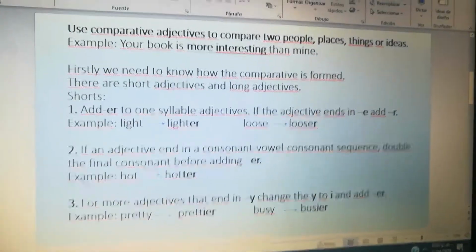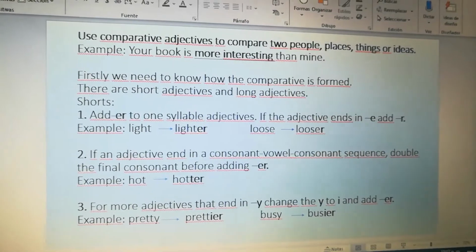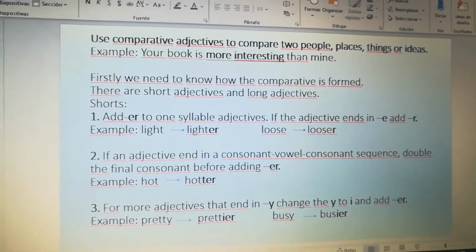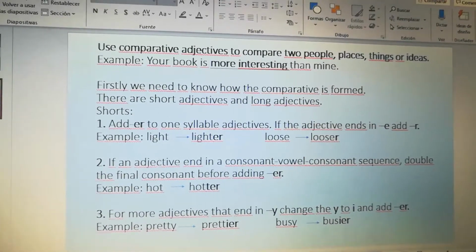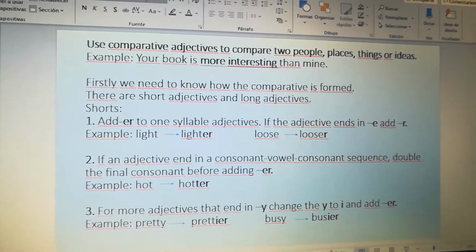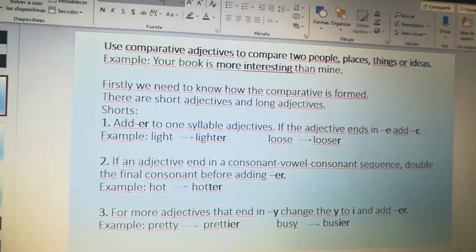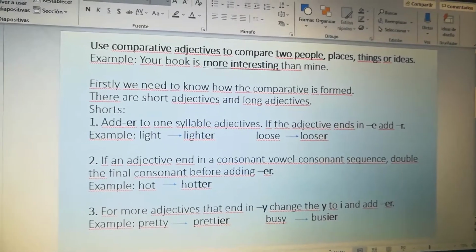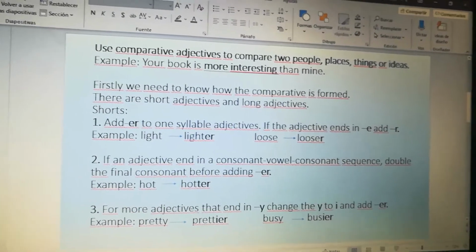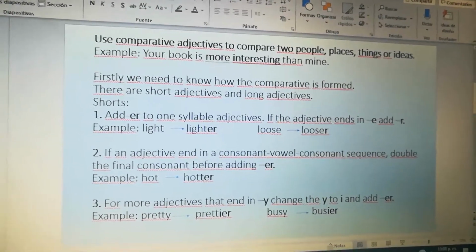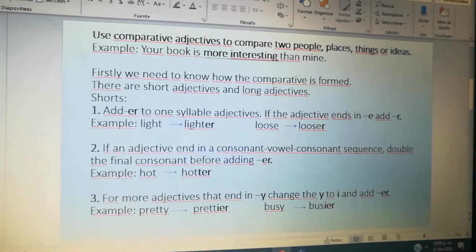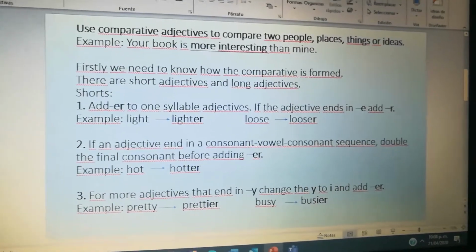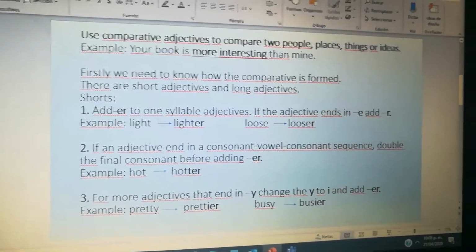For example, light: is it a short or long adjective? Light is short because it only has one syllable. So you add -er at the end of the word, and this is the comparative form: lighter. Loose is a short adjective too. Add r at the end of the word: looser.